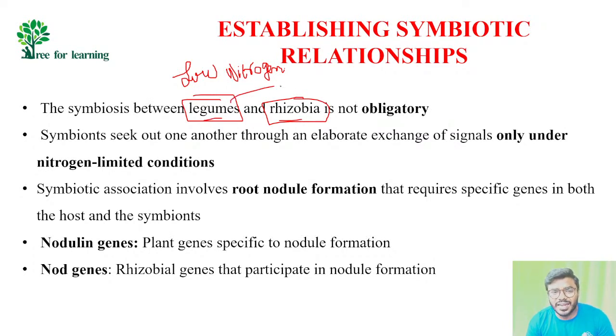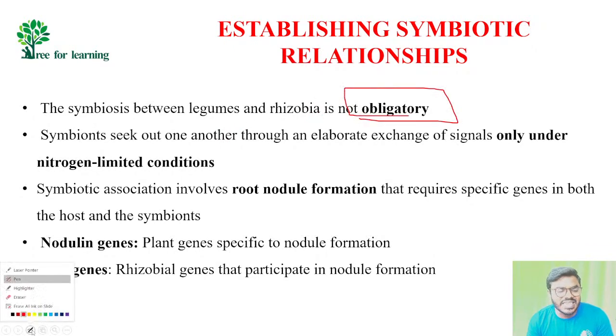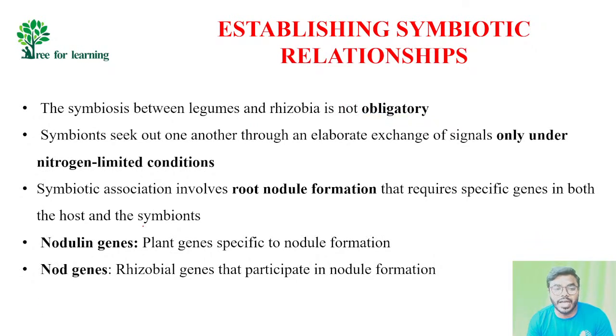The plant starts attracting the bacteria. So what is the final conclusion? We can say that the relationship between the bacteria and leguminaceae plants is not obligatory, which means it is not necessary or not compulsory all the time.